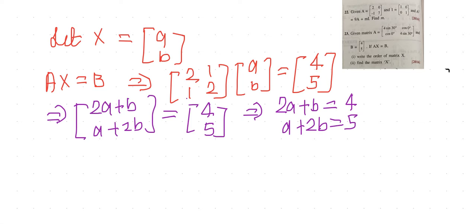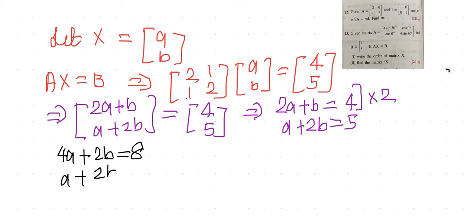Now you just have to solve it, and it's completely up to you how you want to solve. If you want to solve it by elimination, multiply the first by 2: 4a plus 2b is equal to 8, and here a plus 2b is equal to 5.